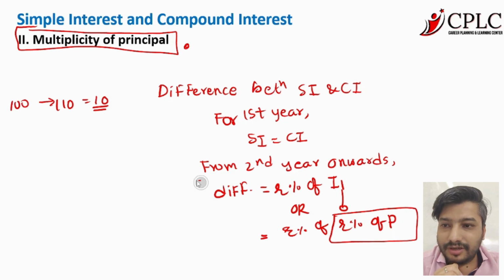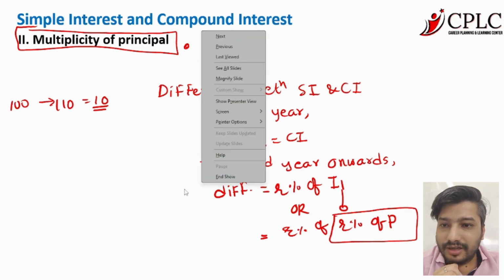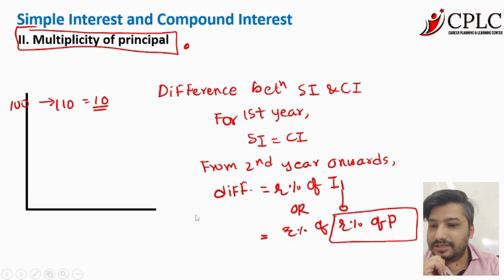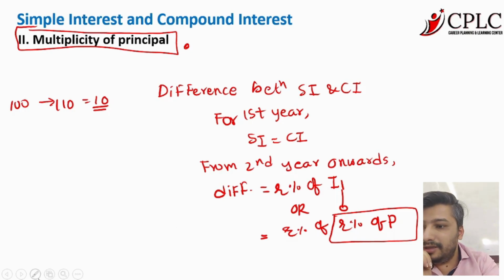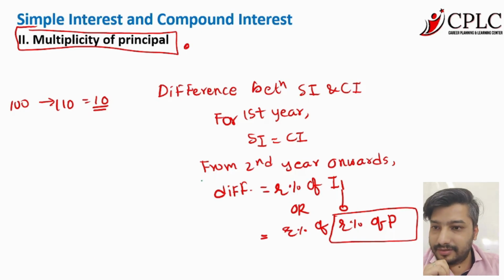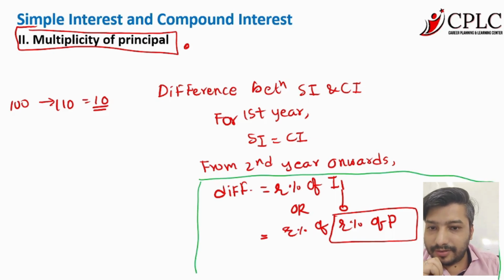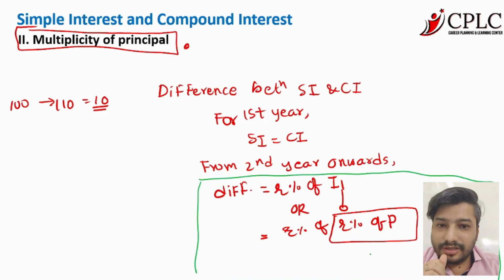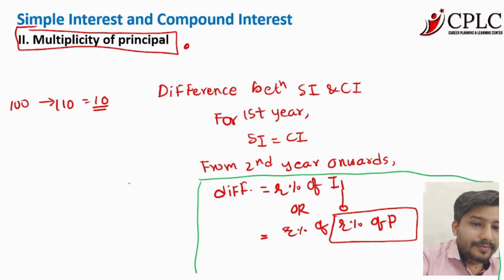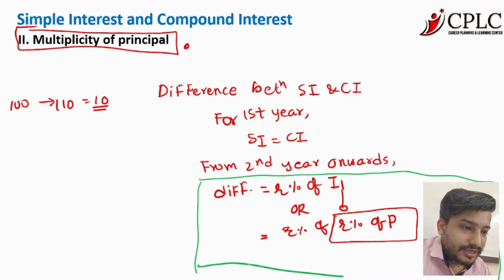One is R% of I1, which is this formula, and the second one is the bottom one that we have written, which is R% of P. That is your second formula that you need to remember, folks. So these are the two formulae.